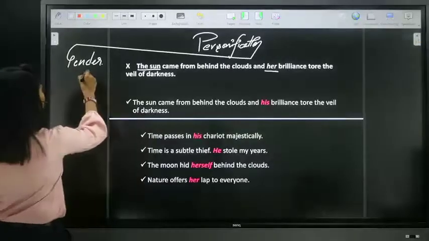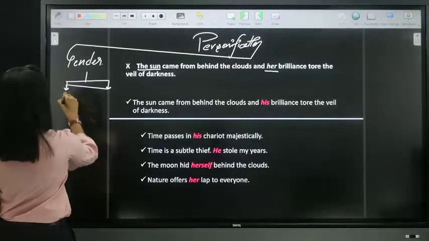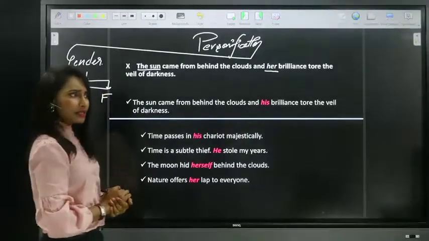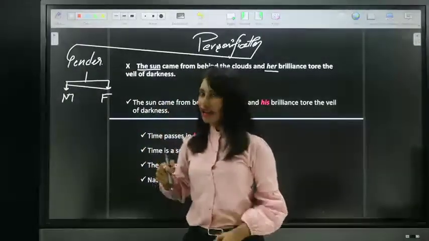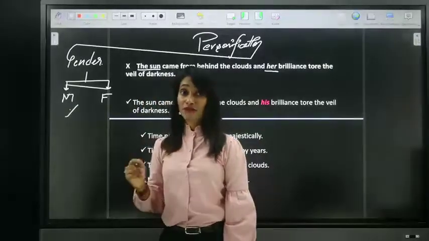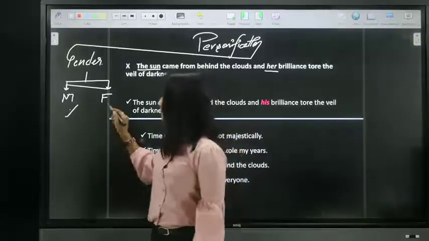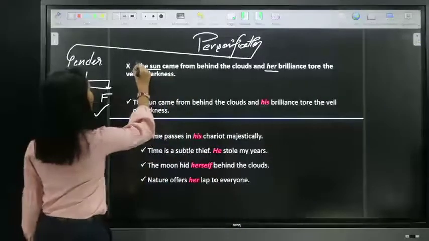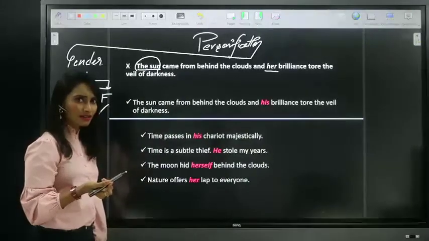For which nouns do we give masculine gender, and for which nouns do we give feminine gender? Nouns which are noted for strength and violence come under masculine gender. Nouns which are noted for beauty, gentleness, and gracefulness come under feminine gender. Right? Now, the sun comes under which gender? Masculine or feminine?